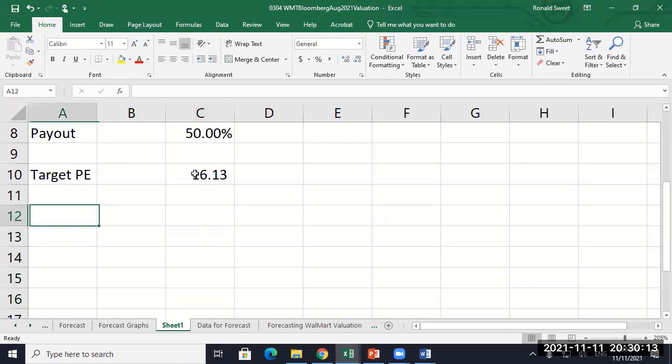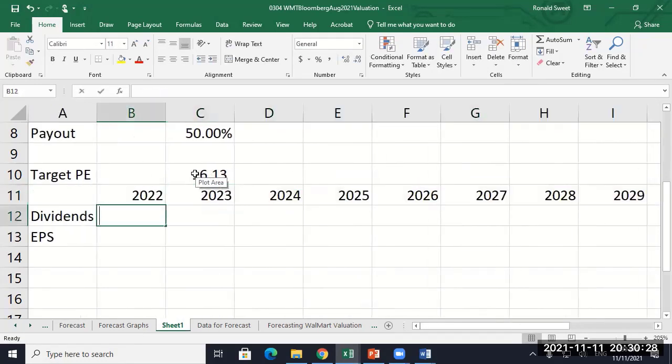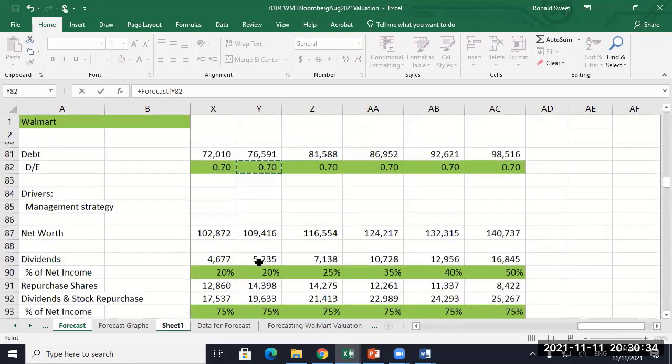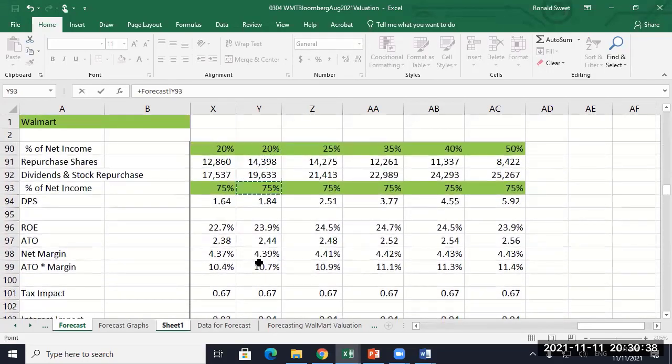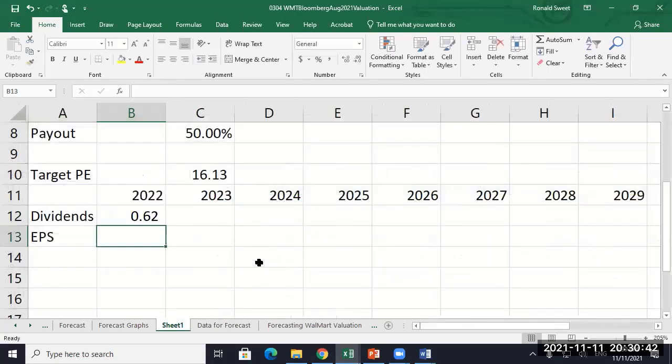And then all you've got to do is just forecast it out. Dividends, earnings per share, 2022. My dividends per share are line 94.